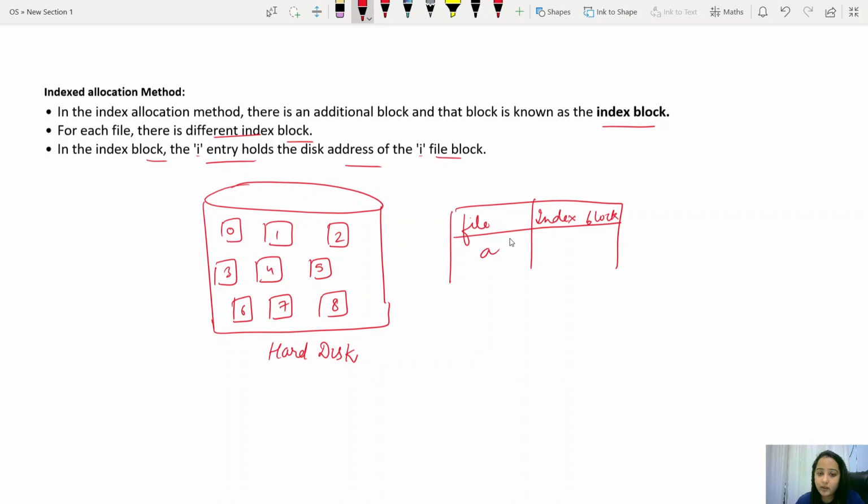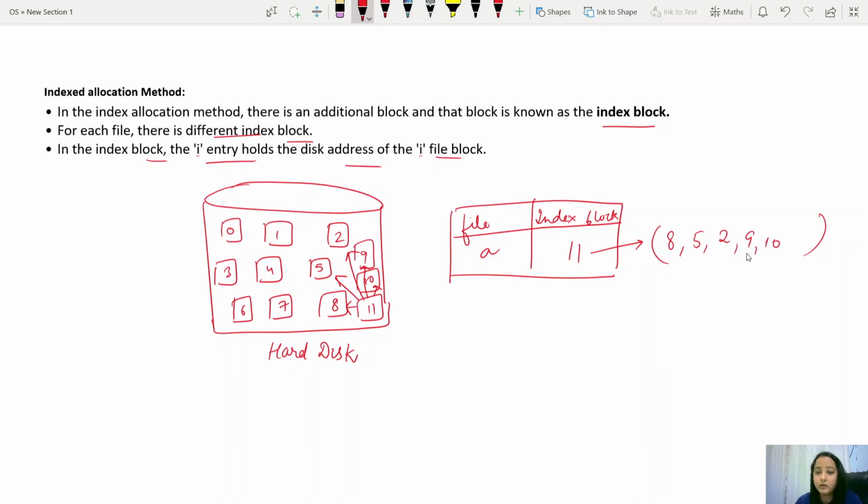Okay, suppose A is the file name and index block is 11. So here also this index block will contain all the information about where the data of the file is stored in the hard disk. It is stored in 8, then 5, then 2, then 9, then 10. So it will indicate first data is stored in 8, 5, 2, 9, 10.